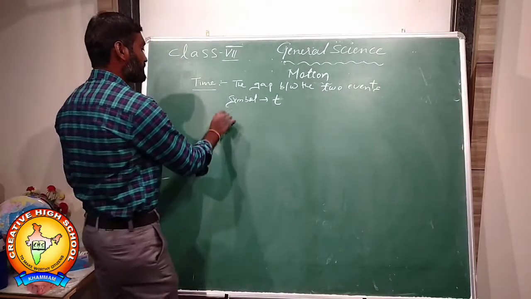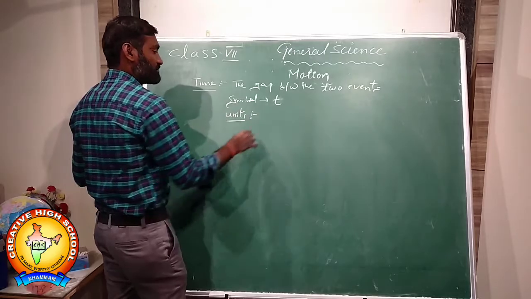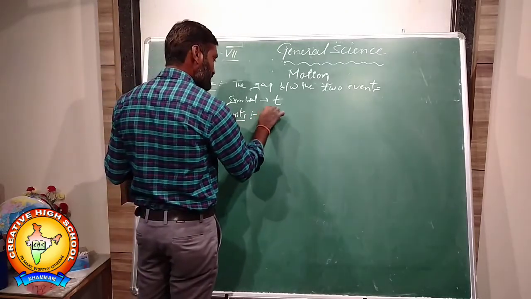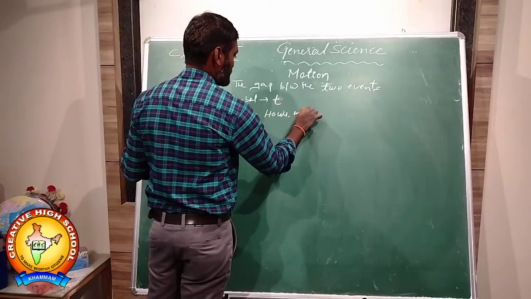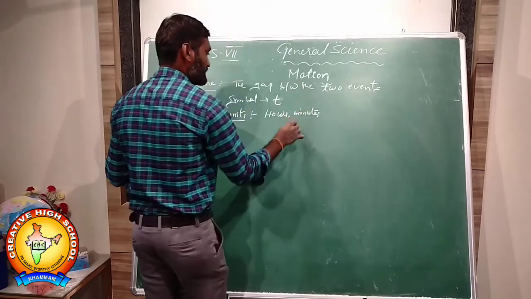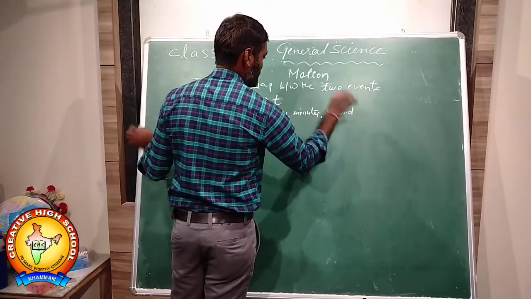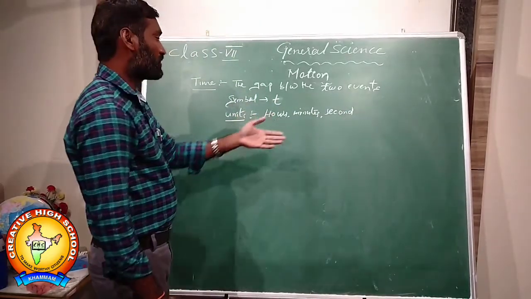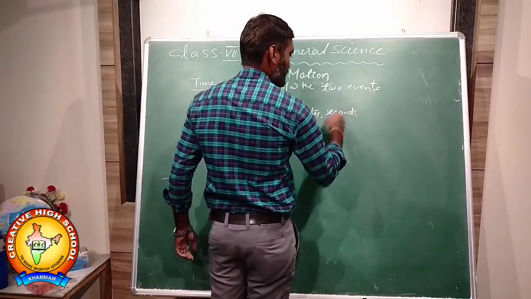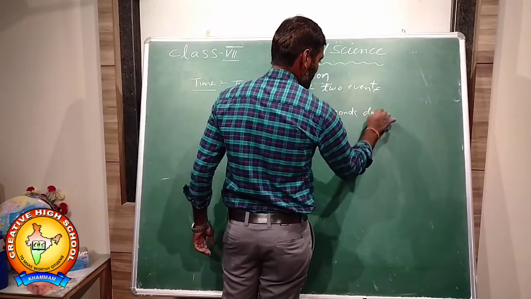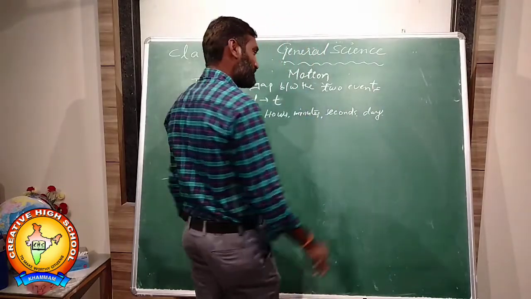What are the units of time? Hours, minutes, seconds. You know this. These are mainly hours, minutes, and seconds. Day is also one of the units of time.